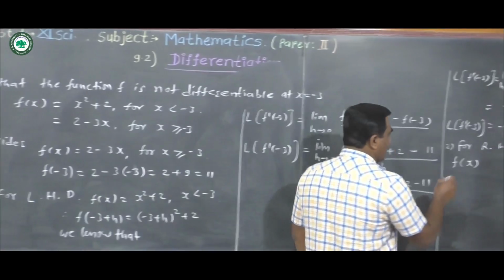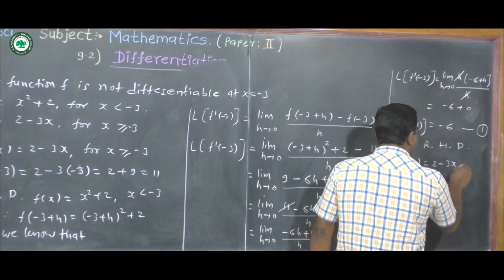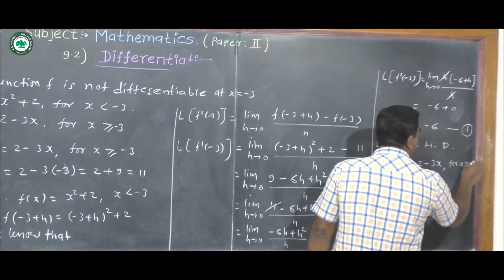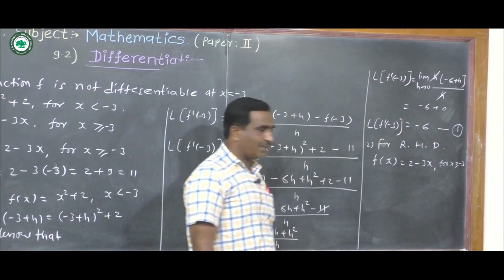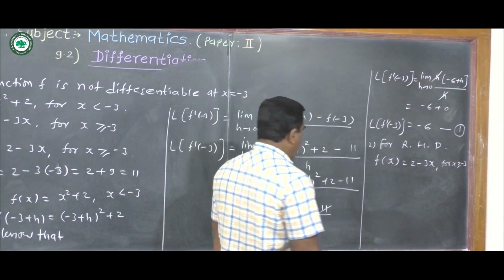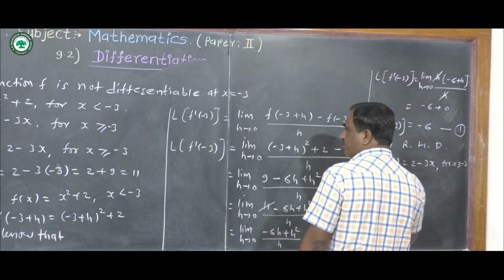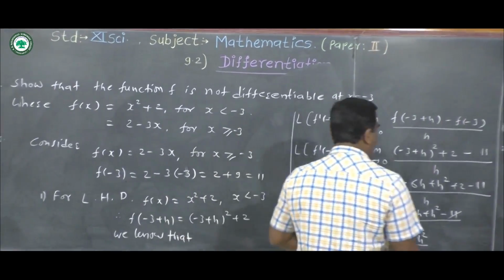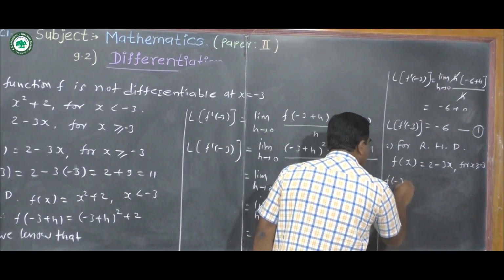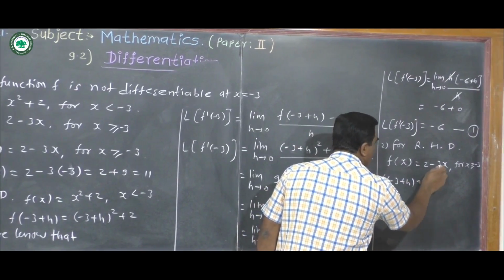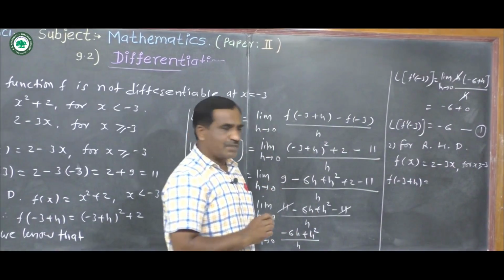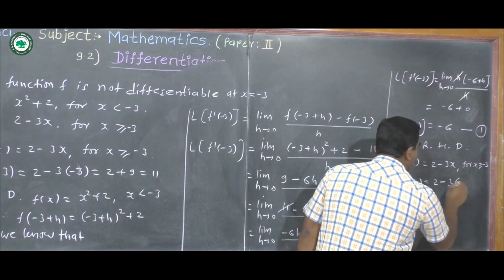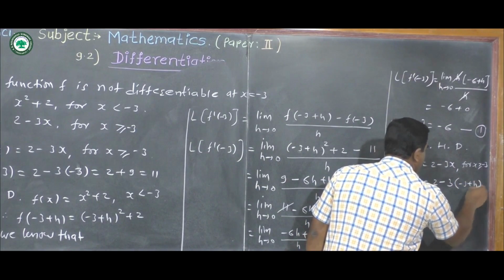We can write here f(x) is equal to 2 - 3x for x greater than or equal to -3. Okay, therefore again we can find here f(-3 + h). f(-3) is equal to 11 and f(-3 + h) is equal to, we put here x is equal to -3 + h, that is 2 - 3(-3 + h).